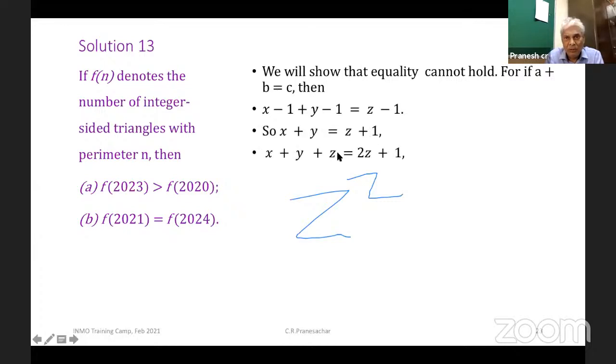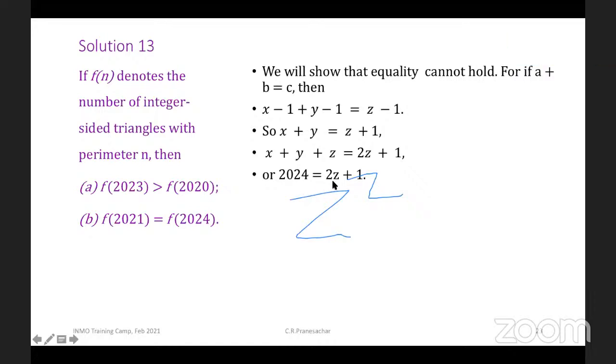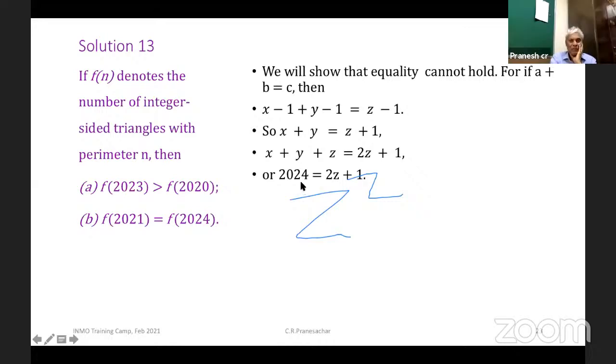Add z to both sides, you get x plus y plus z is equal to 2z plus 1. Do you see this is a contradiction? Because x plus y plus z is 2024, and the right hand side is 2z plus 1. So where is the contradiction? Even and odd. Yes, even 2z and odd: 2z plus 1 is odd, whereas 2024 is even. So this cannot happen. Therefore, a plus b cannot be equal to c.